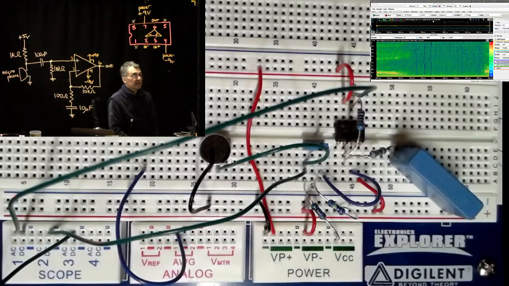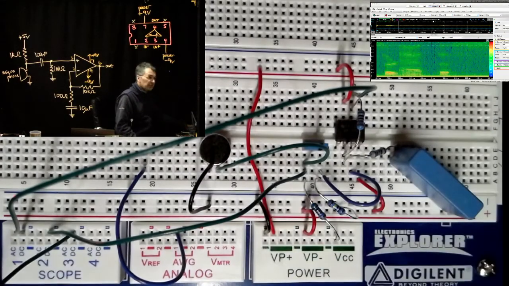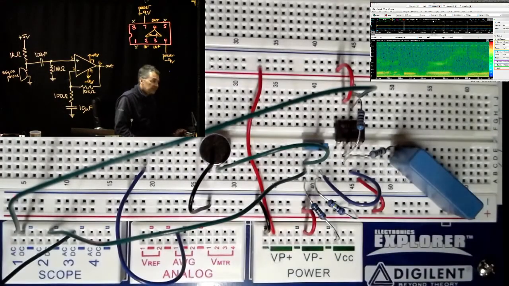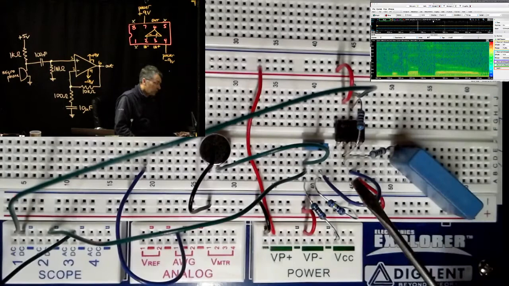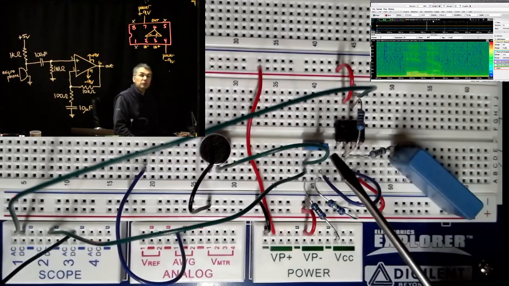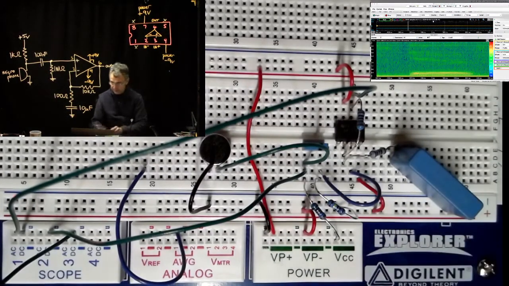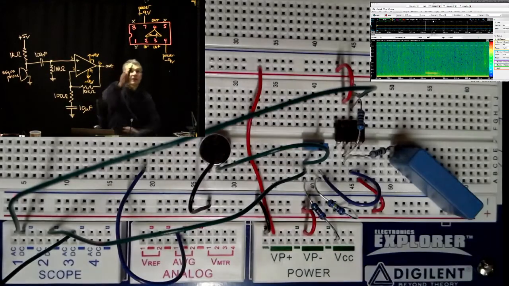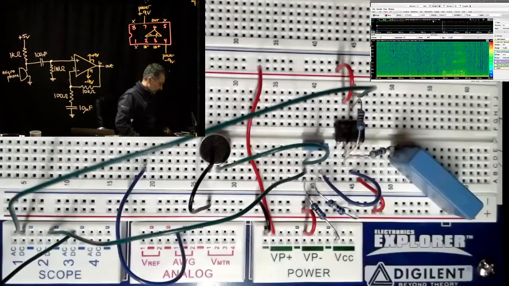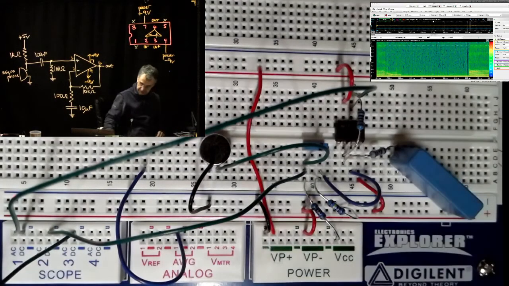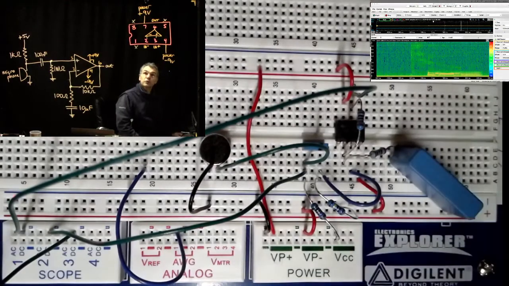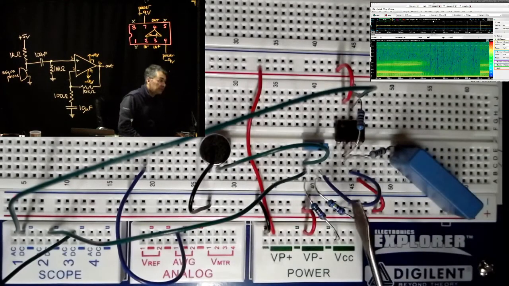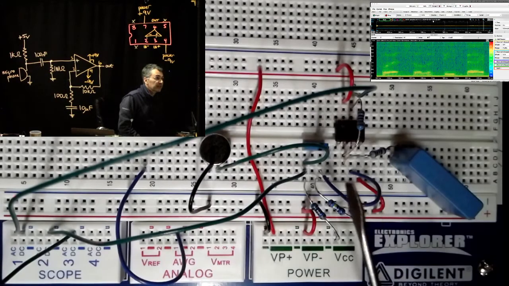Okay, so we're looking at the circuit over here, and if we go around the op-amp, pin 1 is a no connect, and then pin 2 is our inverting input, so the feedback should be there.